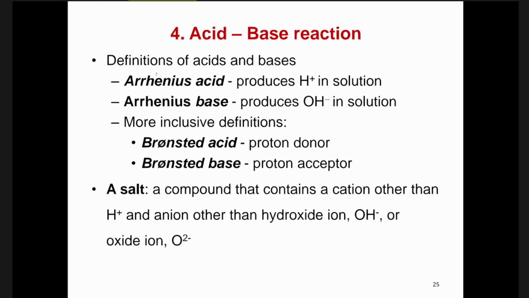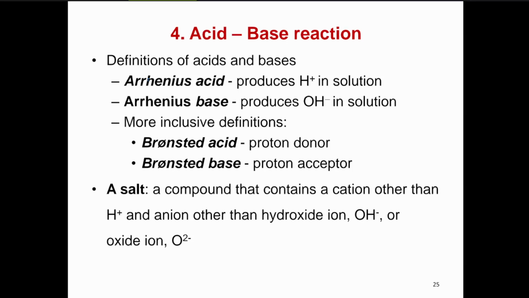Because at the time when Arrhenius proposed the acid-base definition, they knew about compounds like H2SO4, H3BO3. Definitively, this compound, when you put it in water, in solution, will generate H plus. So this is the compound we call an acid, or even formic acid if you want.